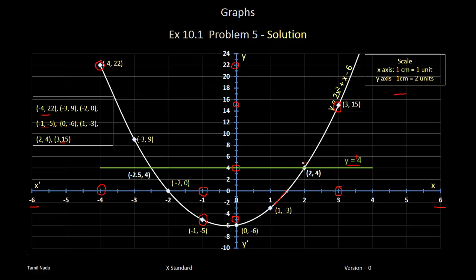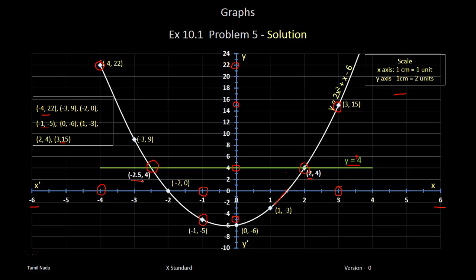Now you see it intersects the curve at this point and at this point. So these are the two solutions: minus 2.5, 4 and 2, 4. These are the two intersecting points, and the x values of the intersecting points are the roots of the equation.